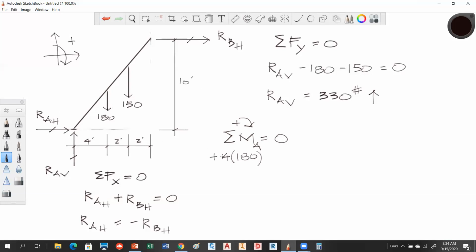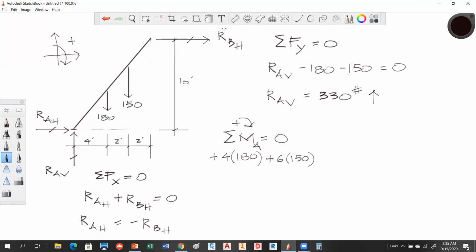Okay. Does everybody see that moment? That's the first moment. The second moment would be based on this force over this distance. So this distance is 4 plus 2, 6, times 150, tending to turn this ladder clockwise. So that would also be plus. That's a plus rotation, 6 feet times 150 pounds. Okay?